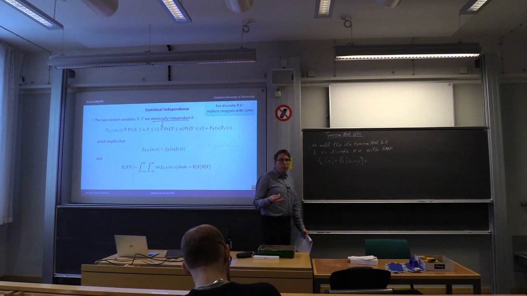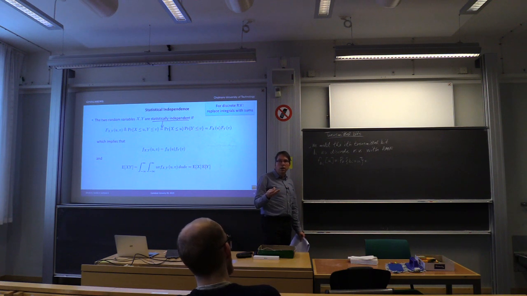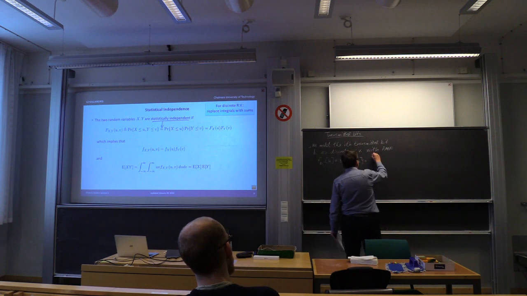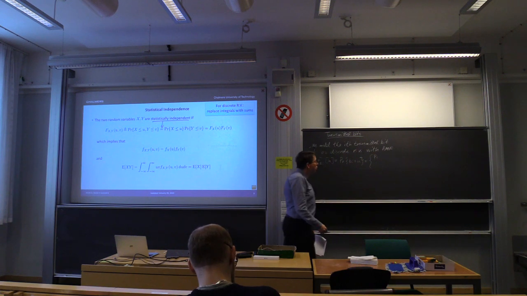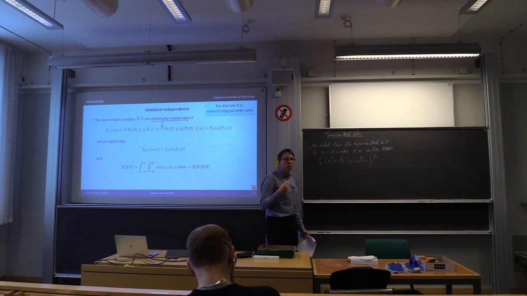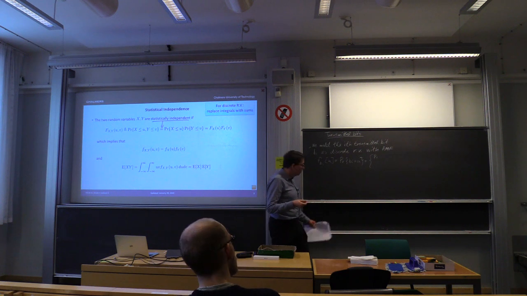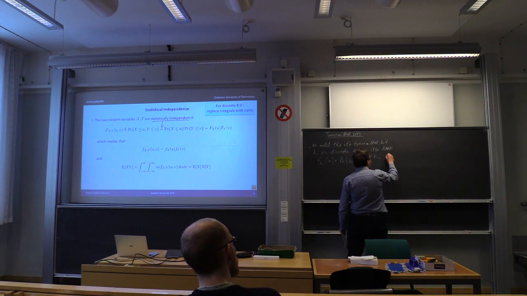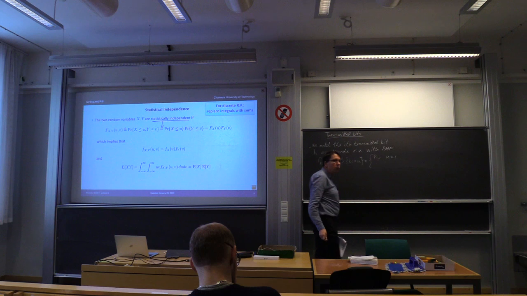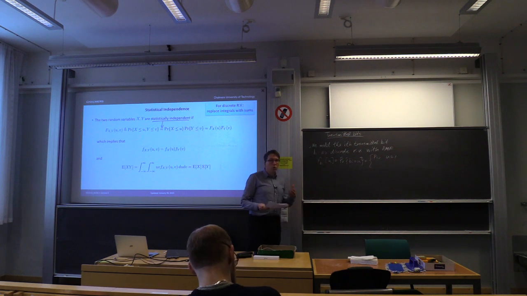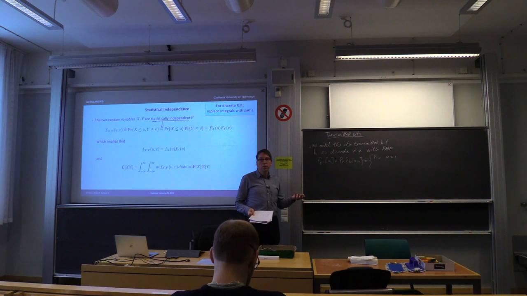And since the bit could be 0 or 1, we only need to specify the probability for one of these. Say that this is equal to pi, the probability that the ith bit is equal to 1. So with probability pi, it is 1.